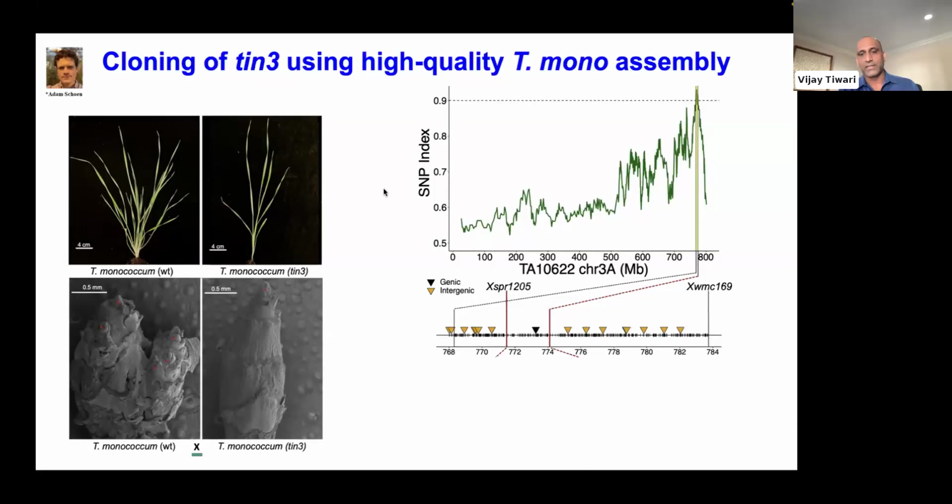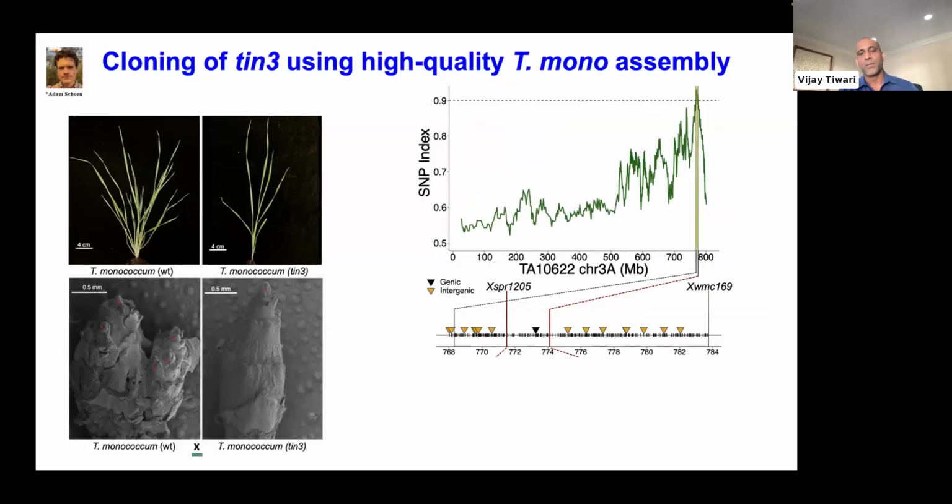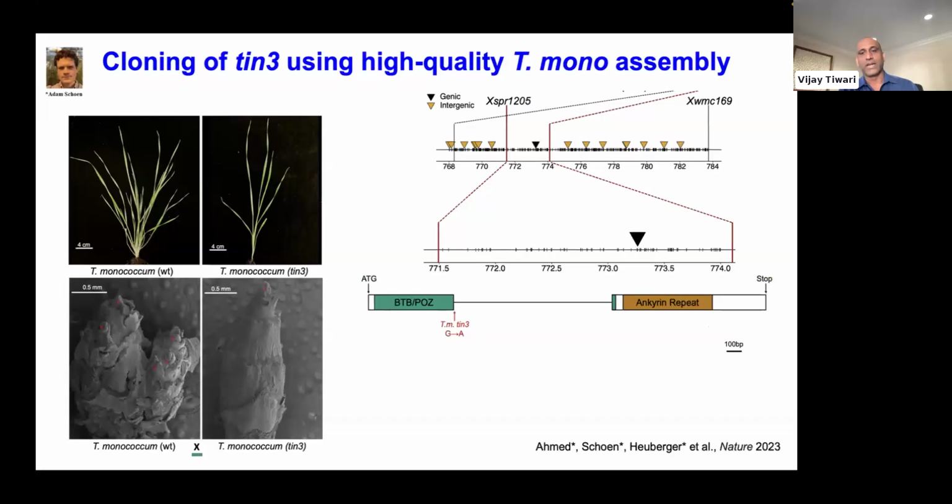And when we looked at this unique locus, which was about a 2.4 MB region, we found about 15 to 16 SNPs, but there was only one genic SNP. So we looked at that genic SNP, and it was a G to A SNP, which was at the intron exon boundary. So we really got excited.